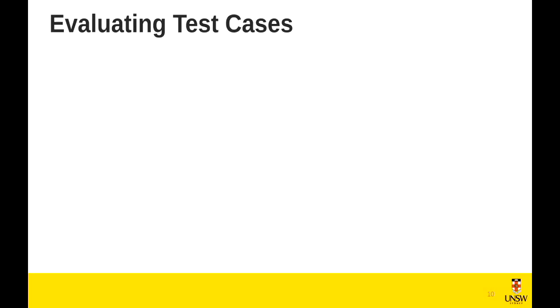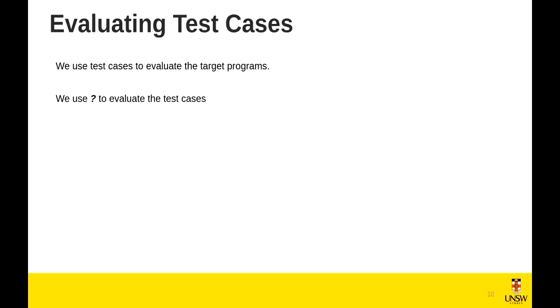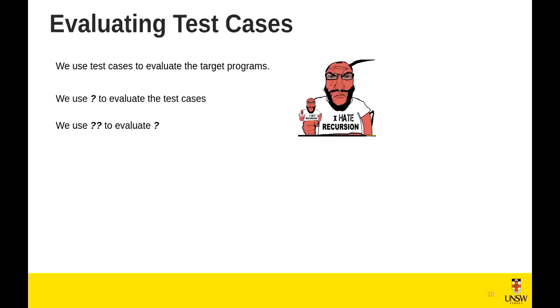So this comes to the topic of evaluating test cases. Previously, we know that we can use test cases to evaluate the target programs, and we need something to evaluate the test cases, and we need something to evaluate that thing. So this leads to a recursion. But there's actually not a recursion here. We don't need to evaluate everything.